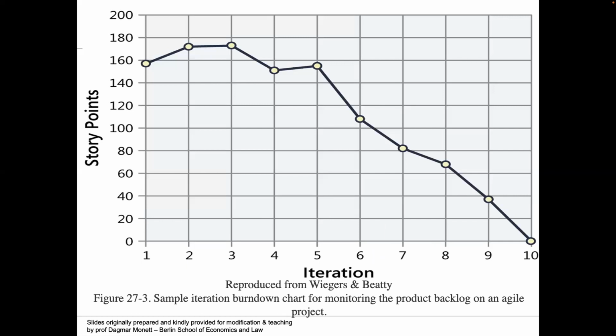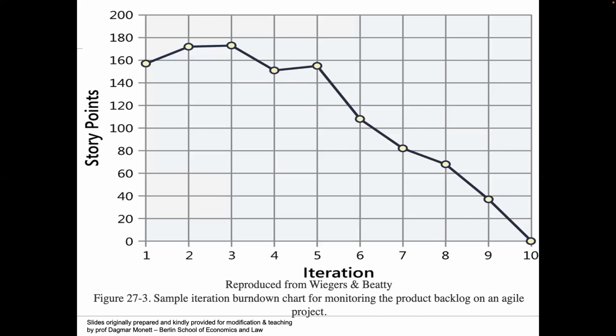So the story points, if you see the dots here, they basically measure the scope that is remaining. Now, if you see the iteration, it actually increases. The story point actually increases in iteration 2, 3, and number 5, right?